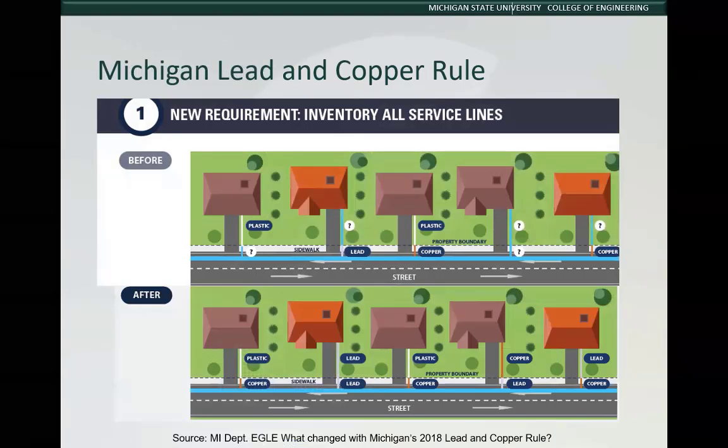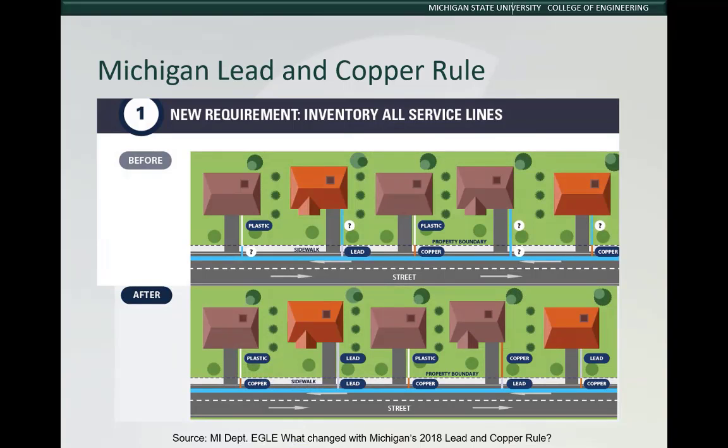Now, as a result of the concerns about lead in drinking water, the state of Michigan in 2018 promulgated its own lead and copper rule.